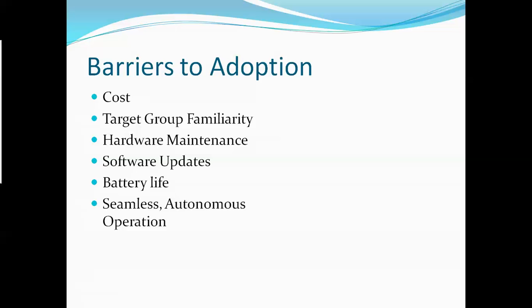And that leads into hardware maintenance and software updates. Can they perform the maintenance on these devices if it's user error, or if something breaks, what type of time is going to be put into maintaining the device, and how are you going to get the software updates to the devices?